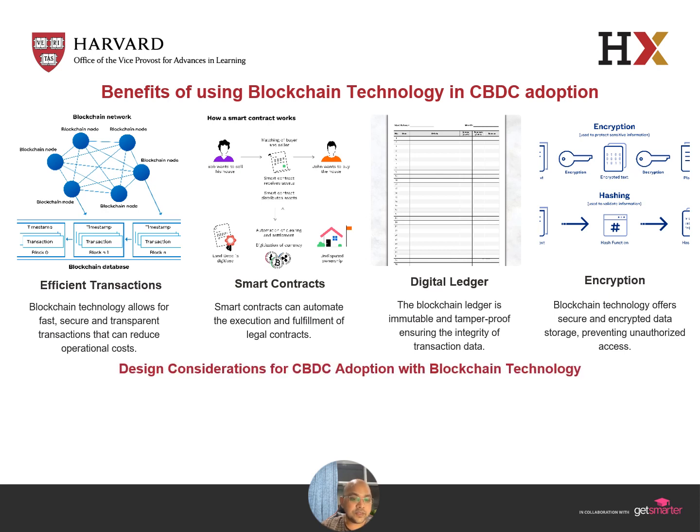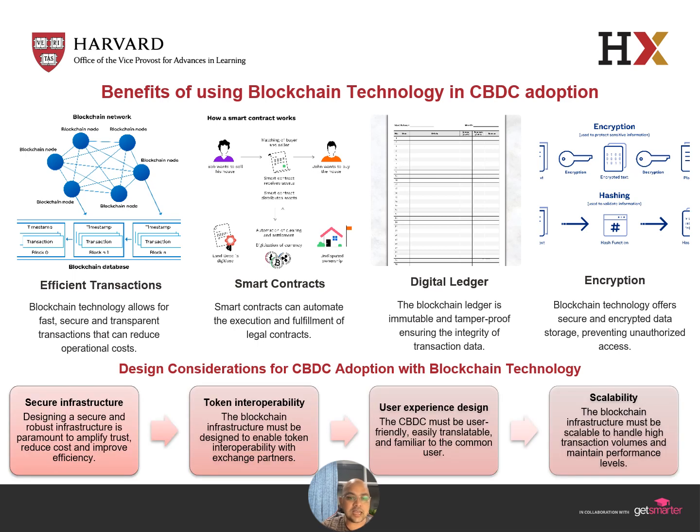And for this design consideration of Ithaca, we utilize the blockchain where secure infrastructure, token interoperability, user experience design and scalability are there. So the security of high-end blockchain technology will be integrated in this Ithaca CBDC model.